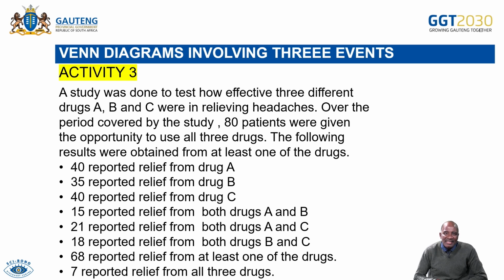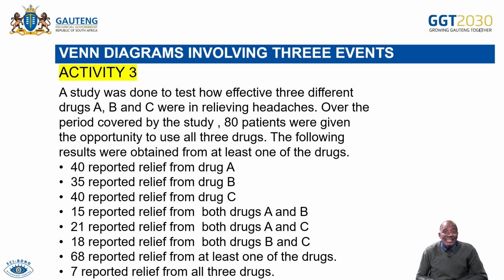It was meant to cure the headache. There were 3 different drugs that were administered, A, B, and C. We don't want to be specific whether it was Panadol, paracetamol, or name them, but they were meant to cure headache. So 40 reported relief from drug A, 35 reported relief from drug B, 40 reported relief from drug C.